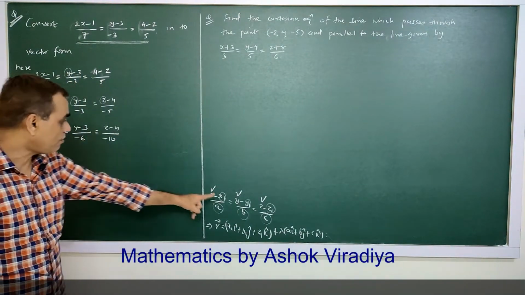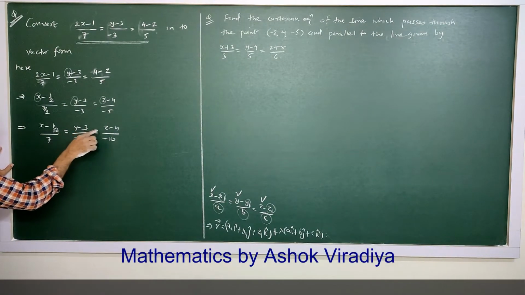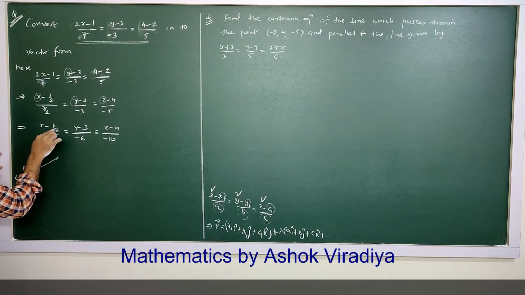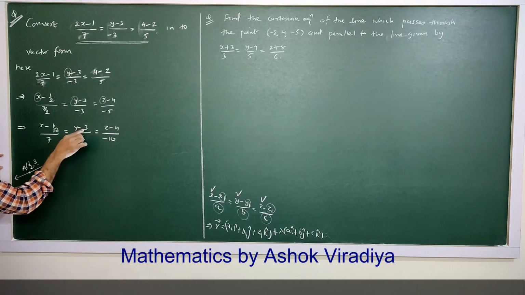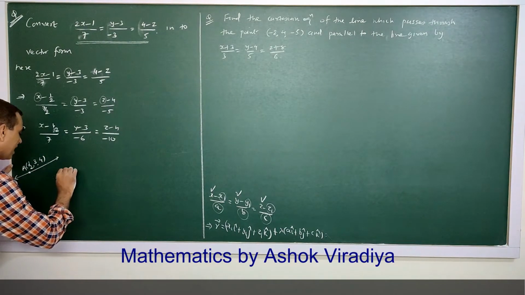Now it is in this form. So say here the line is passing through 1 by 2, 3, 4. This line is passing through point A, whose x coordinate is 1 by 2, y coordinate is 3, z coordinate is 4. And it is parallel to a vector.